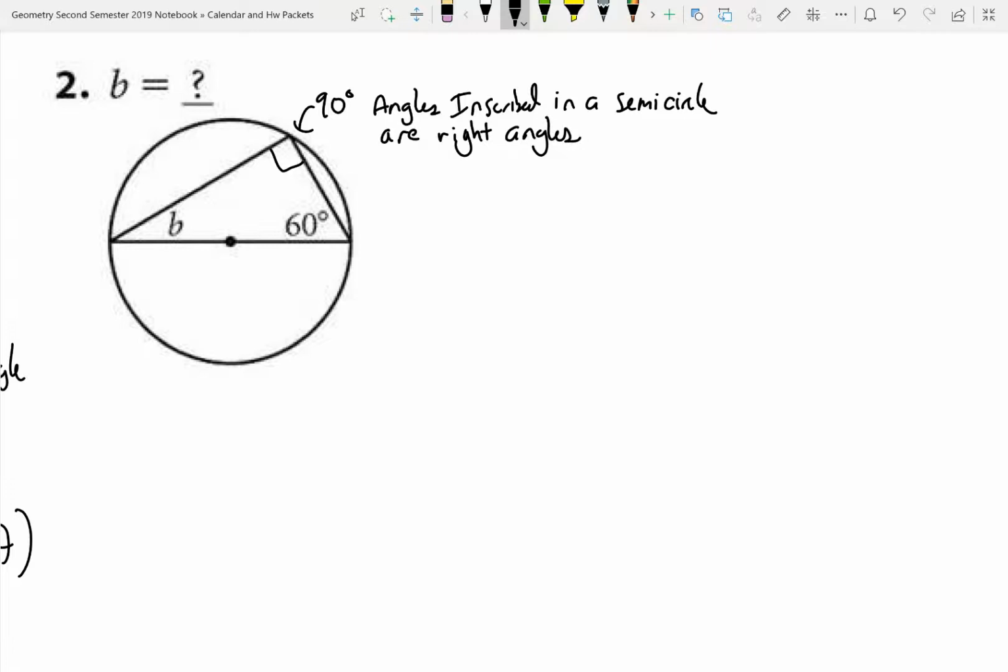And that's going to make B equal to 180 minus 90 minus 60, which equals 30 degrees. That's because the angles in a triangle add to 180.